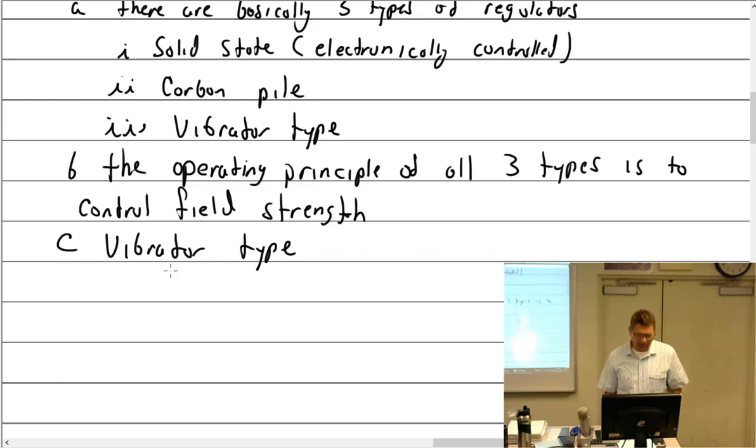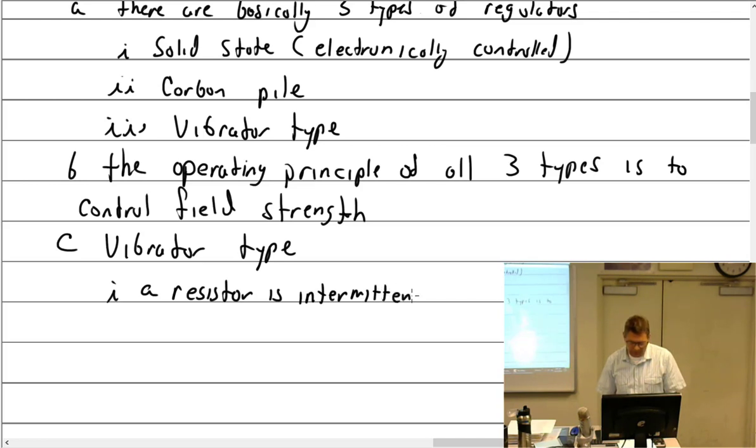All right, vibrator type. How much do I want to write here? Oh my goodness, apparently a lot. A resistor is intermittently cut in and out of the field circuit.